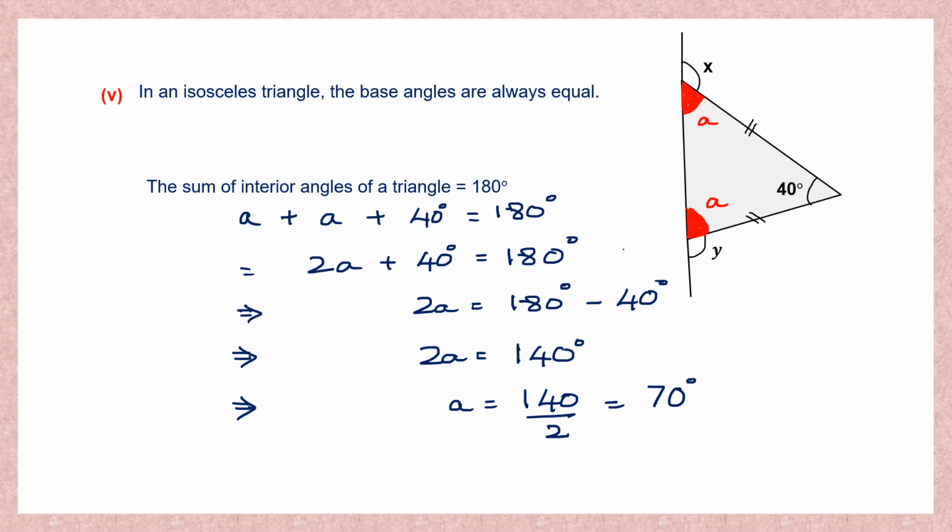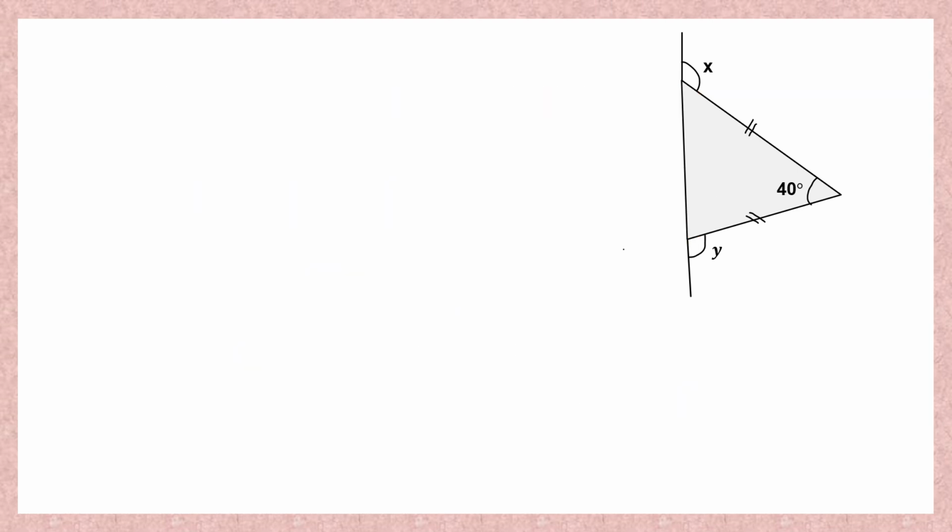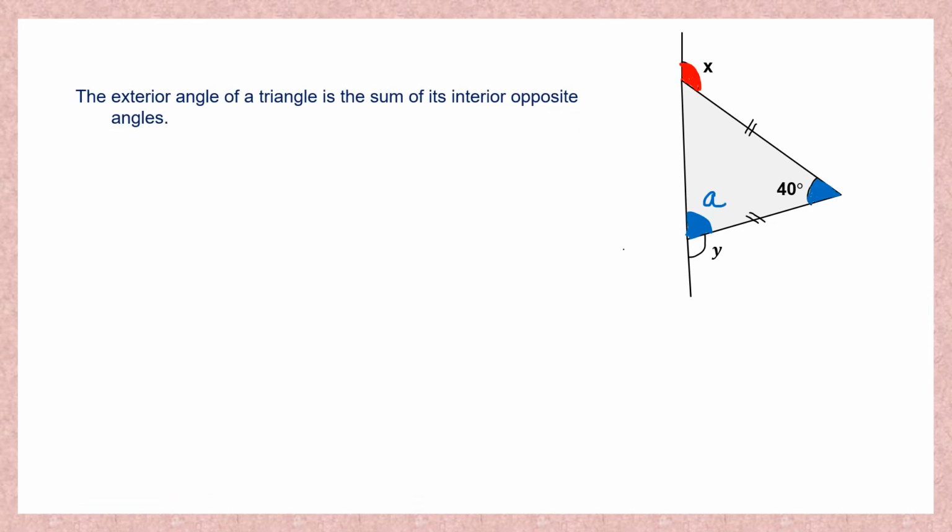Now we're going to make use of this to find angles X and Y. So here we're going to find the value of angle X. As you can see, angle X is an exterior angle and we're going to make use of a property of exterior angles. So the exterior angle of a triangle is the sum of its interior opposite angles. The exterior angle is X and that is equal to the two angles marked in blue, shaded in blue there, A and 40.